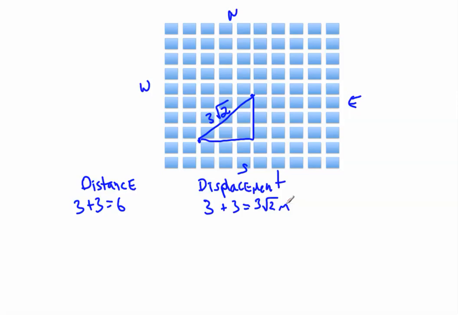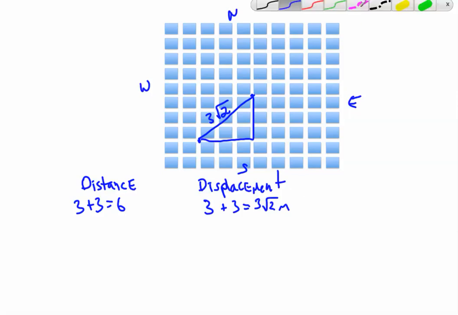So in this case, it definitely matters what question you're trying to answer. How much exercise did I get? You don't need to worry about direction. I get 6 blocks of exercise. Displacement? Well, where I am? Now you need to consider the vector nature of that walk.